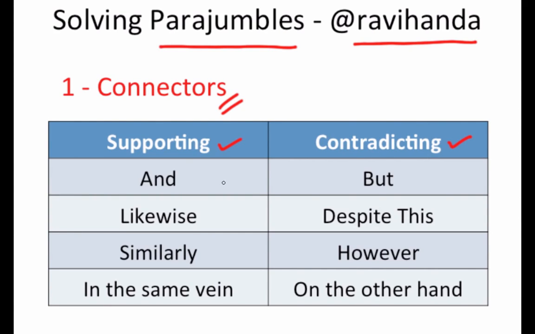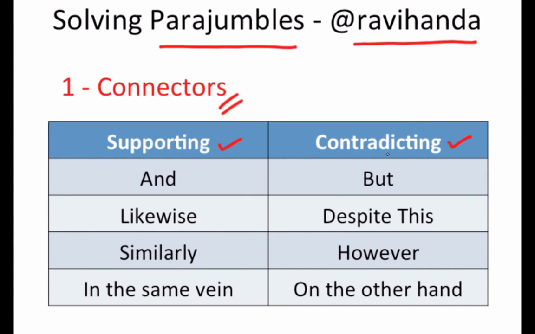Some of the examples of supporting connectors are and. I hope you would know what these mean, but still, and let's say to connect between statement A and statement B. There is likewise, similarly, and in the same vein. All these are supporting or positive connectors.